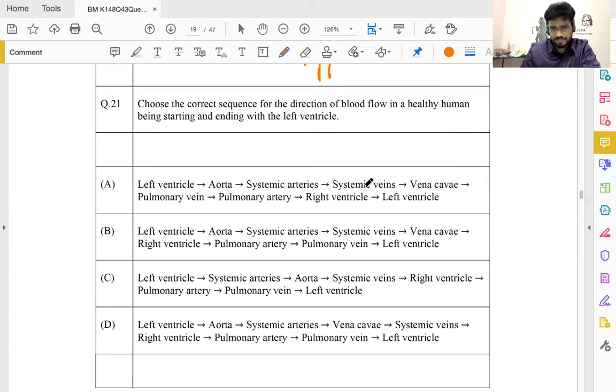Systemic arteries, veins, vena cava, pulmonary vein. So vena cava, right ventricle, pulmonary artery, pulmonary vein, left ventricle, aorta, systemic arteries. I think this makes sense. Vena cava to pulmonary vein? No, this is incorrect.